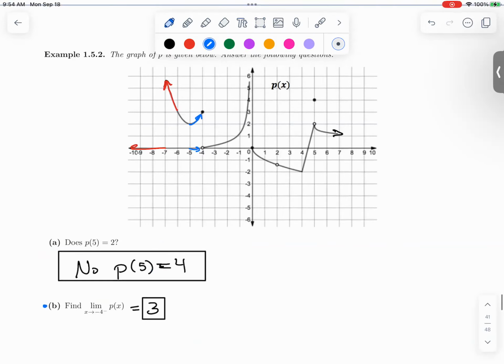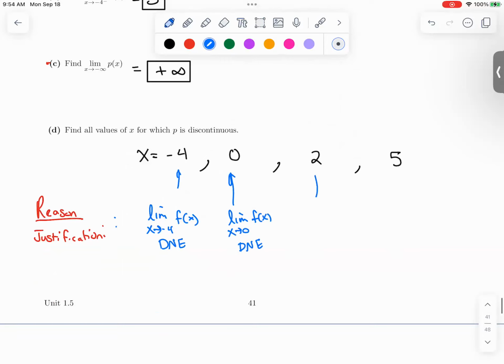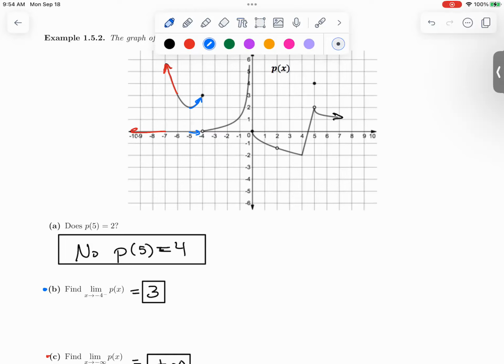2. I will be coming down to the bottom. What is the issue with 2? P of 2 does not exist. Very, very good, Chase. P of 2 DNE. And last but not least, what is the issue with 5? The limit exists, 2. The function exists, it's 4 at 5, but they don't equal each other.